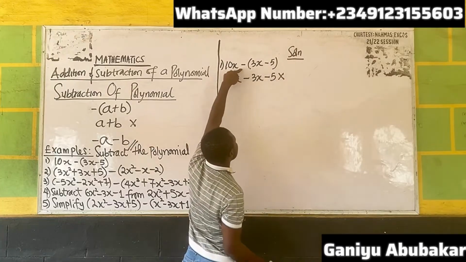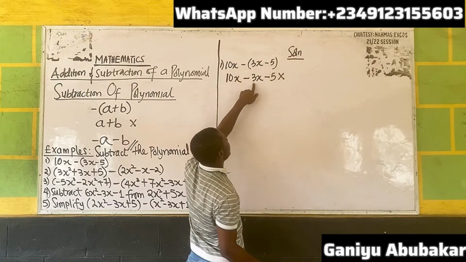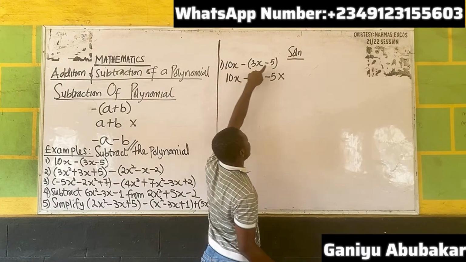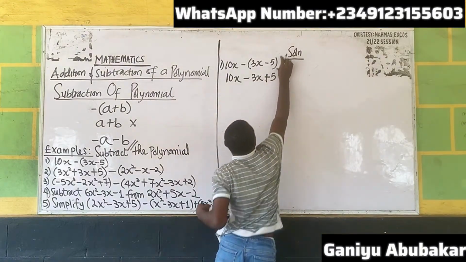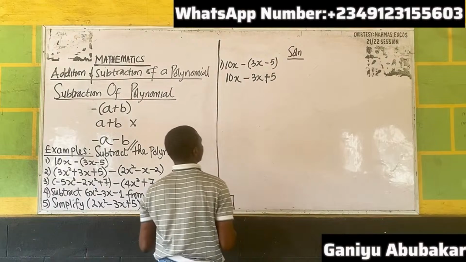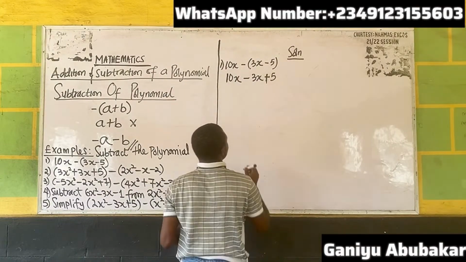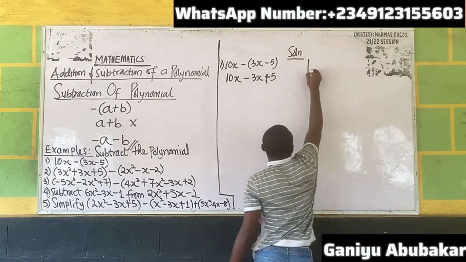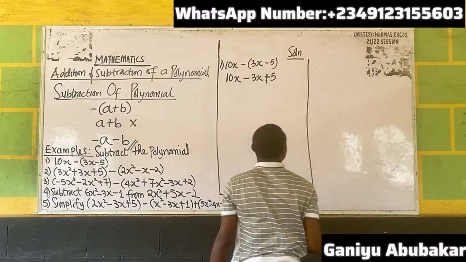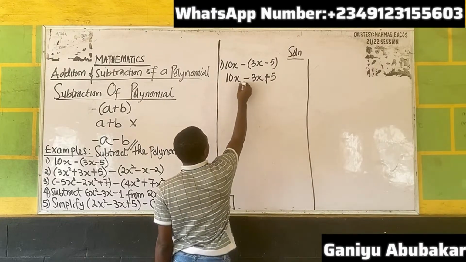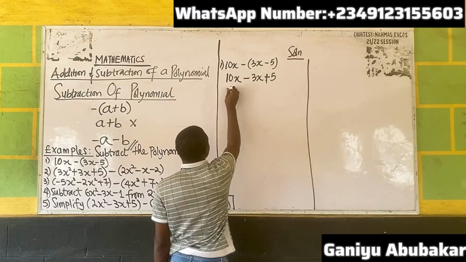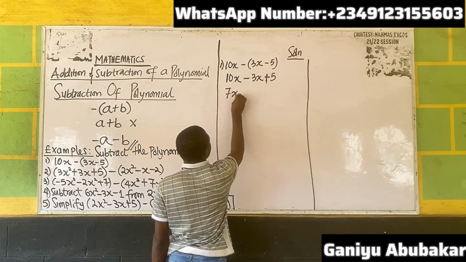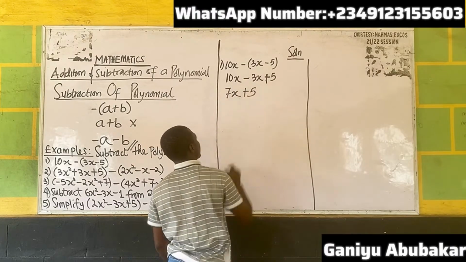So negative times 3x gives you negative 3x. Negative times negative gives you positive 5. Your task is to collect like terms. If I collect like terms, 10x minus 3x gives about 7x plus 5.